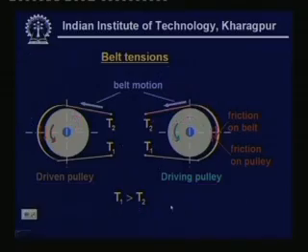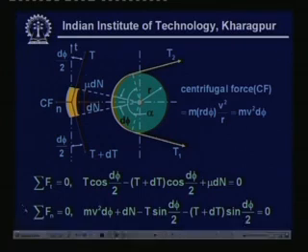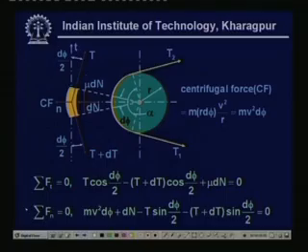Now, let us look into some other aspects of this particular pulley drive. Here you can see that we have selected one drive system having T1 and T2 belt tensions.